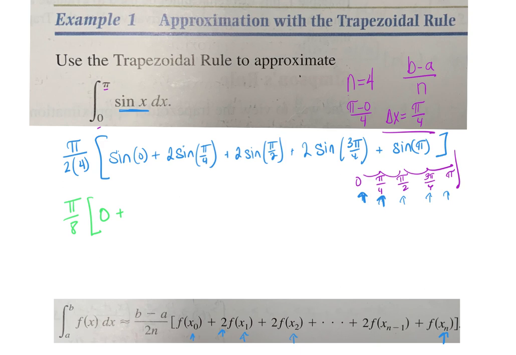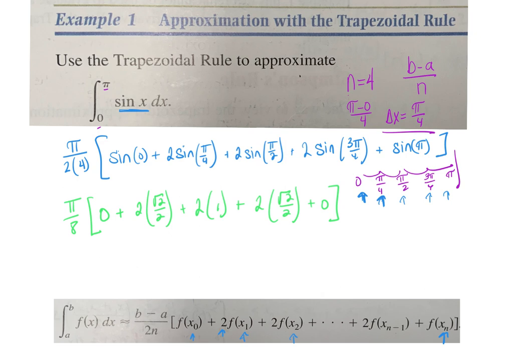Sine of pi over 4, that's an easy one, square root of 2 over 2. So we're going to say 2 times the square root of 2 over 2. Plus 2, what's the sine value at pi over 2? Straight up, what's your sine value up at 90 degrees? Sine value at 3 pi over 4 is the same as pi over 4, square root of 2 over 2. And the sine of pi is just 0.